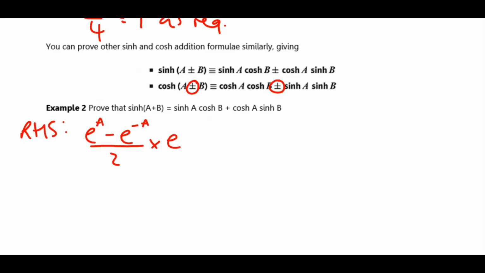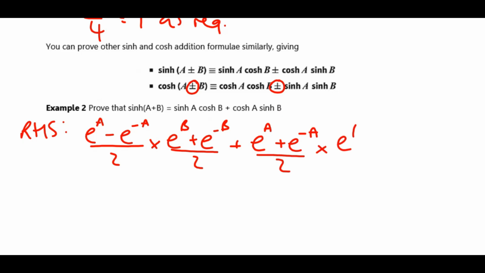Cosh B is e to the B plus e to the minus B over 2. And that's plus e to the A plus e to the minus A over 2 times e to the B minus e to the minus B over 2. Just using those definitions for cosh and sinh.